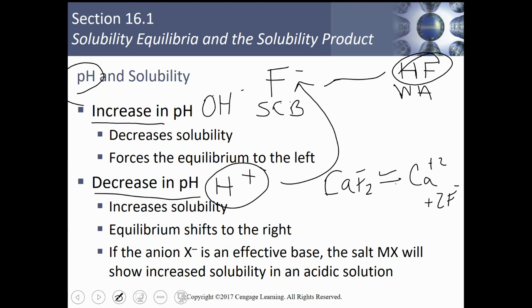So remember Le Chatelier's principle. If this is reacting with something, your concentration's going down, your equilibrium then has to shift to the right. If you're shifting to the right, you're producing more ions in solution. This salt is now dissociating or dissolving. And then the opposite's going to happen for increasing pH, and you're going to force that equilibrium back to the left.